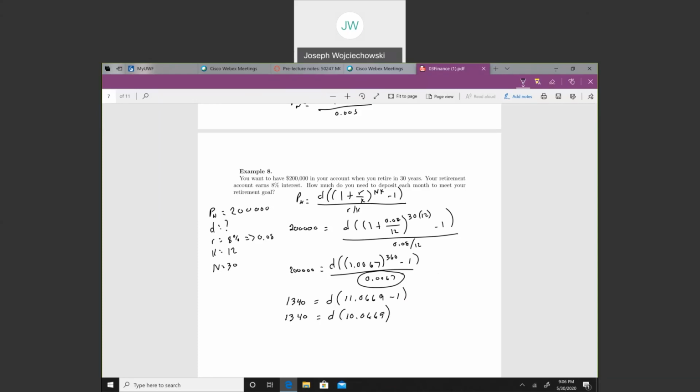I divide both sides by 10.0669, and I get D equals $133.11. So that's not too bad.